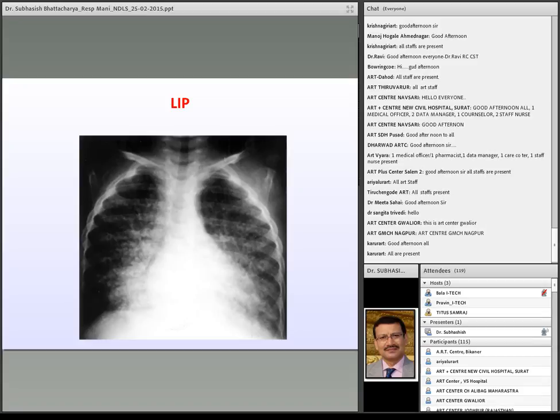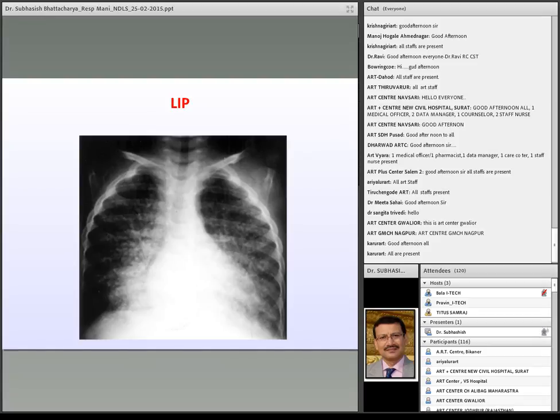So in such cases, we should definitely consider TB, and we should rule out TB in LIP, because we know the management of LIP is not only bronchodilators but also prednisolone, an oral steroid, that may disseminate TB. So ruling out TB before initiation of LIP treatment is very important.